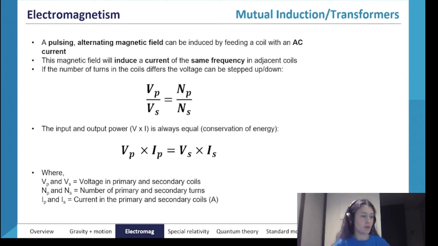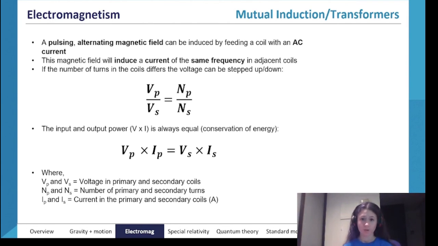And as a result of this, if the number of coils differs, the voltage can be stepped up or down according to this formula. So recall the use of transformers is, of course, if you are transporting electricity across long distances, such as in power lines in rural areas, you need to have a high voltage because that will reduce the power loss.